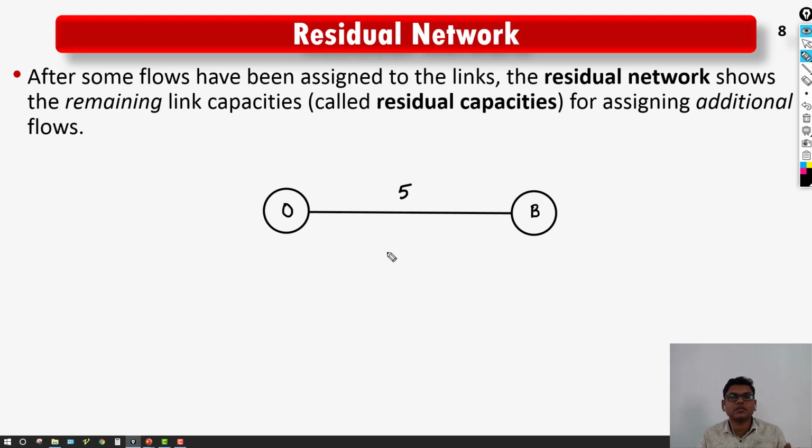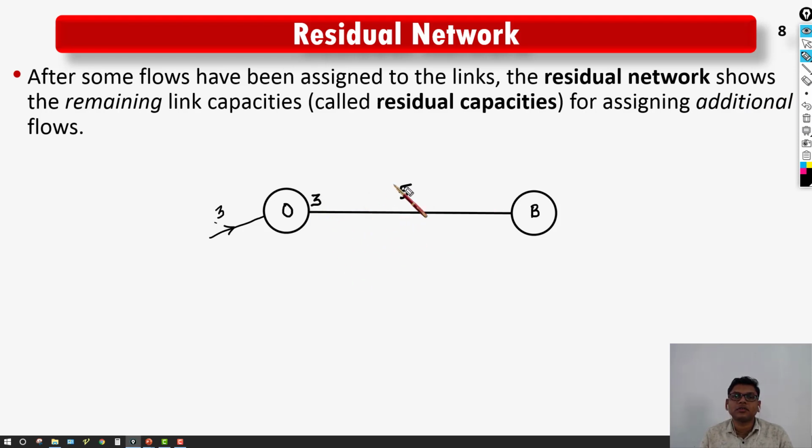Now what is residual network? So it is told that if some flow has been assigned to the link, the possibility is 5, but what happens is that from this side only maximum 3 can come. From some other path, let's suppose this is one path, from here only 3 are coming. So how many will be utilized? Only 3 will be utilized. So here you have to write 3.